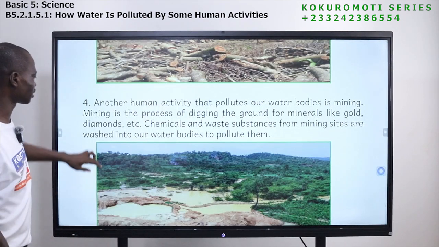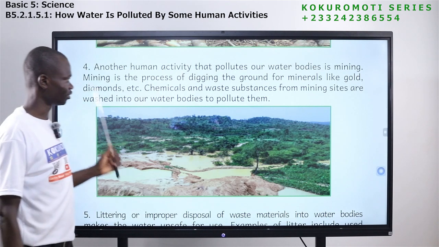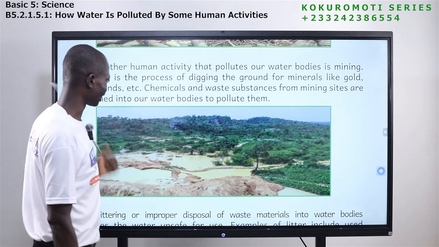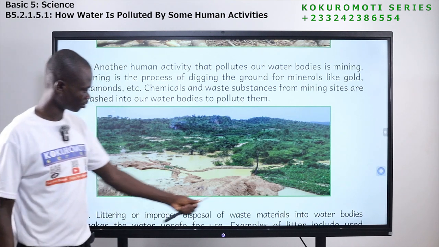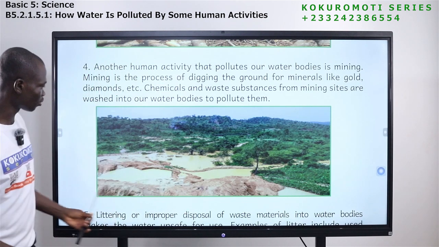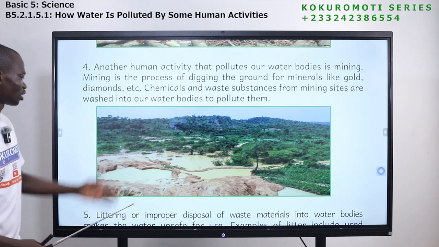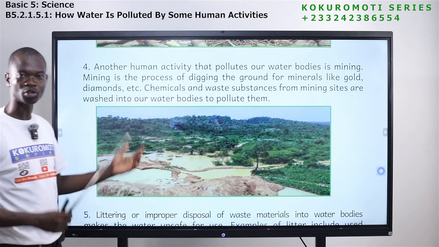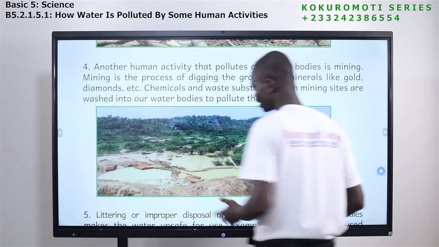Okay, another human activity that pollutes our water bodies is illegal mining. So Galamsey, this is a Galamsey site. We have water all over here, but the water that we have here, can you drink any of them? The water wasn't like this, but because of mining, look at what has happened here.